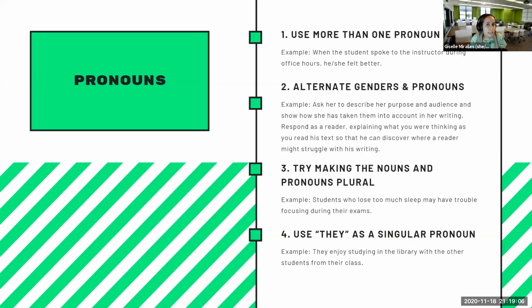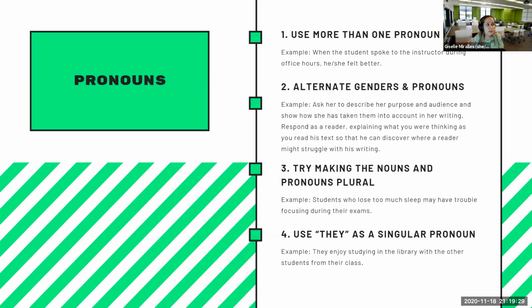So when writing, and you don't know the person's pronouns, you can use more than one pronoun. So, an example of this is using he slash she or saying he or she. So, one example of a sentence that would use this is when the student spoke to the instructor during office hours, he slash she felt better.